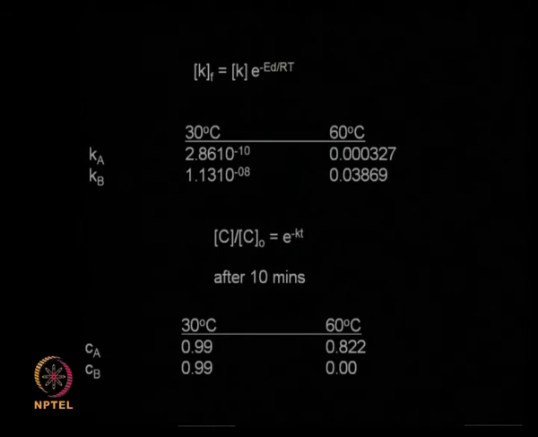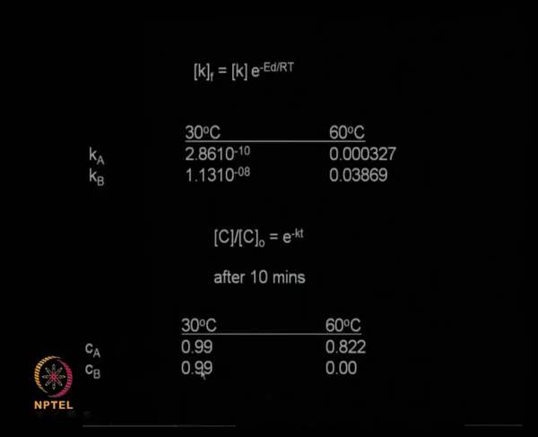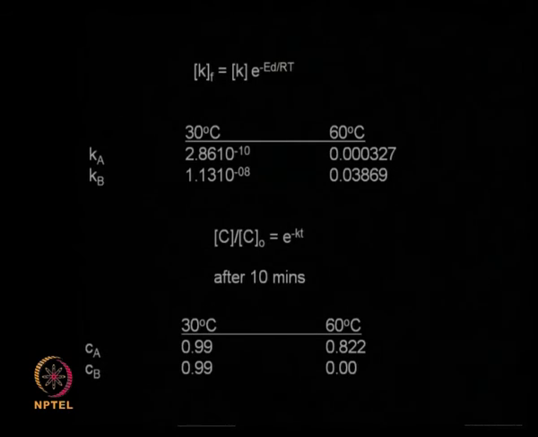So moving from 30 to 60 degrees, a dramatic difference has been seen on lipase 2 when compared to lipase 1. Lipase 1 has lost activity from 0.99 to 0.82, whereas lipase 2 has lost activity from 0.99 to almost 0. It is all because of the Arrhenius type of behavior for the deactivation of the lipases.